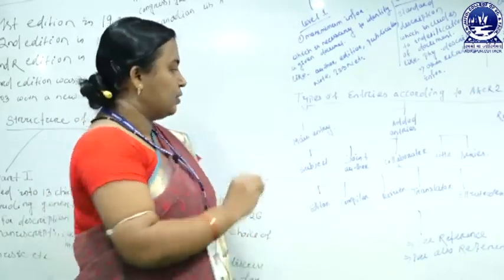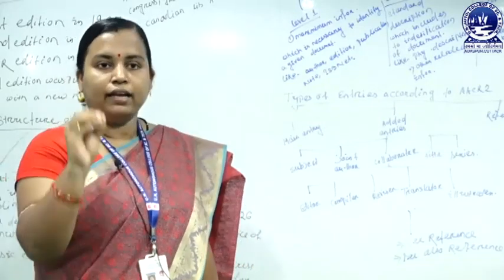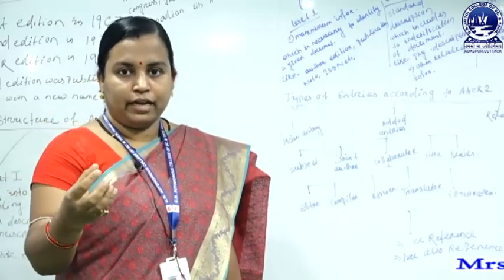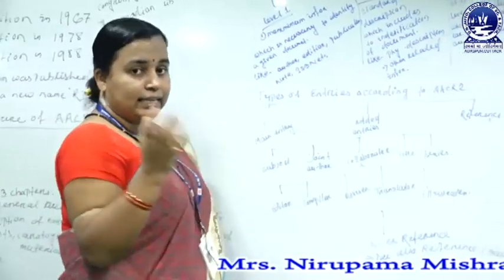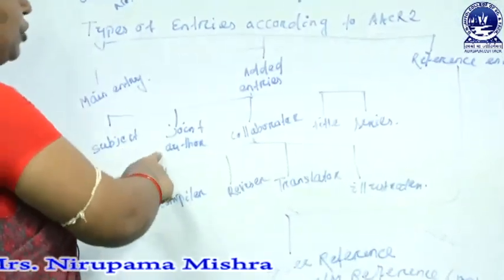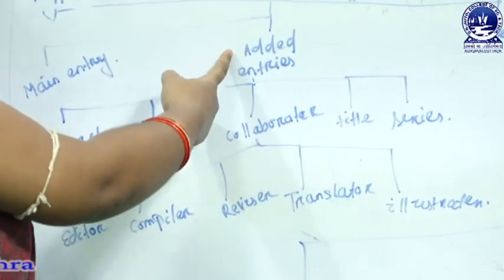This is the reason AACR2 majorly defines the contributory information of every element that identifies a particular document. That is the reason AACR2 focuses on the joint author, and we should prepare another entry for the joint authors in the added entries.